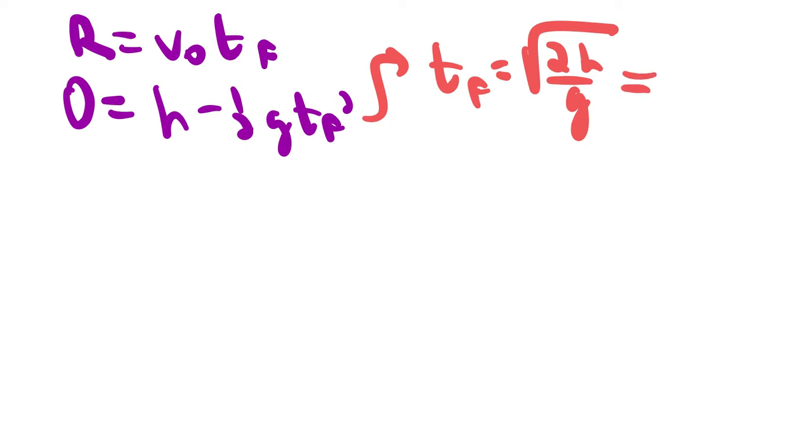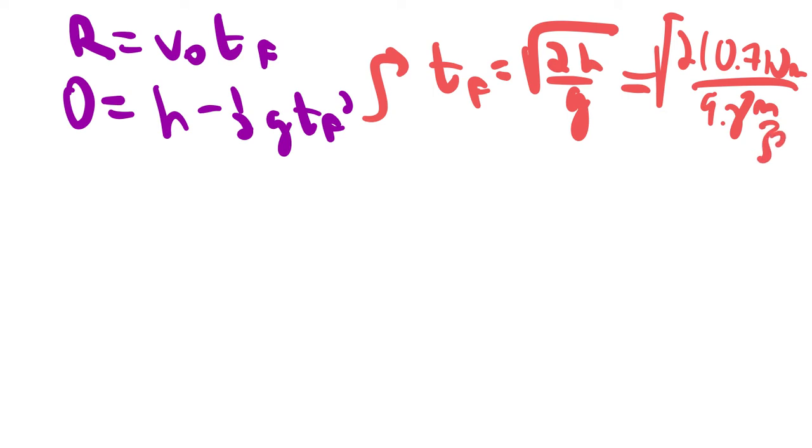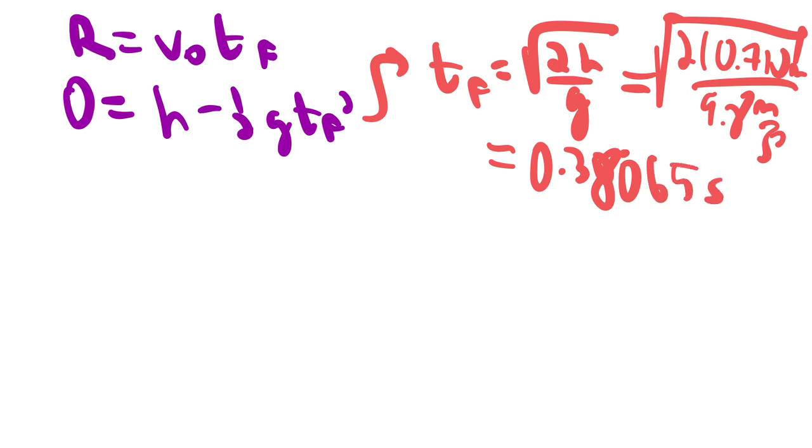Throwing in numbers, this is the square root of 2 times 0.710 meters over 9.8 meters per second squared, so the time of flight turns out to be 0.38065 seconds. I'm carrying way too many sig figs here because I'm going to be using that as an intermediate number.